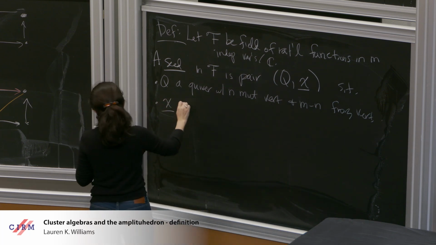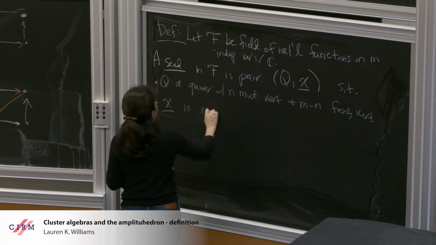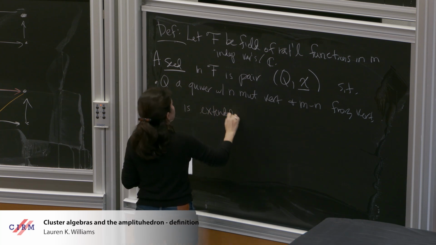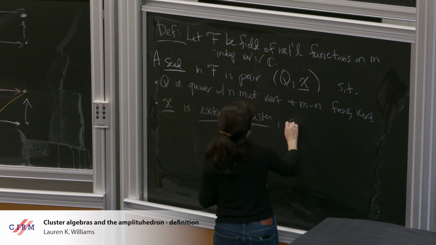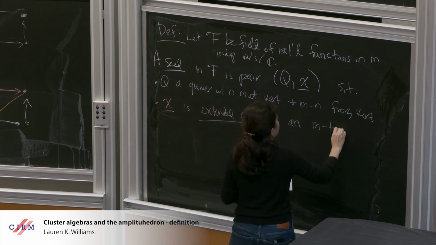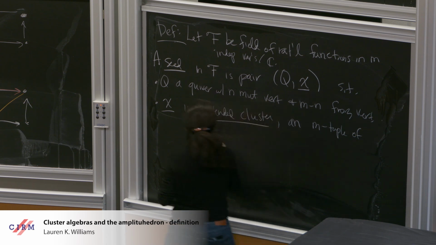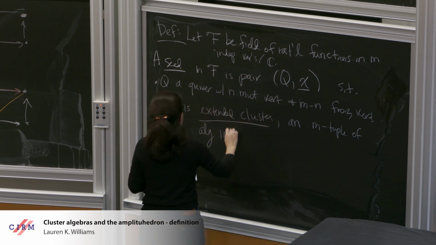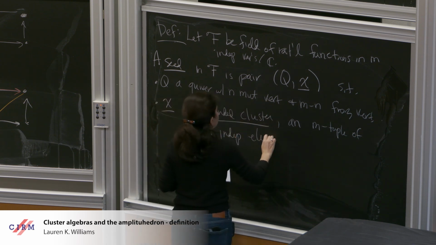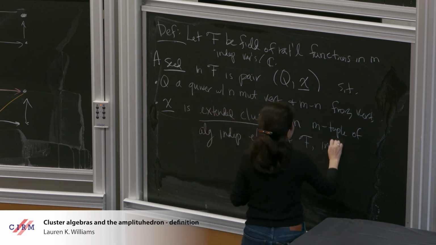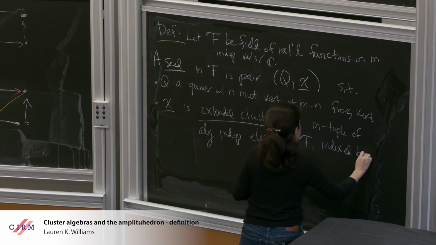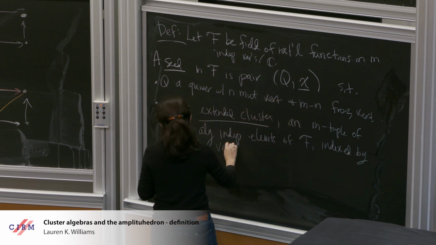And this X bar is an extended cluster, which means an M tuple of algebraically independent elements of F indexed by the vertices of Q.